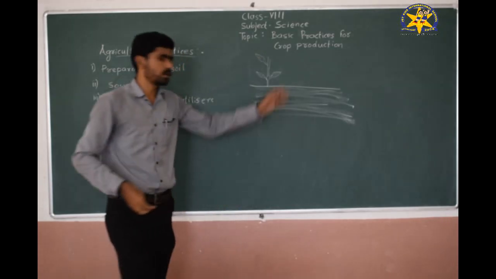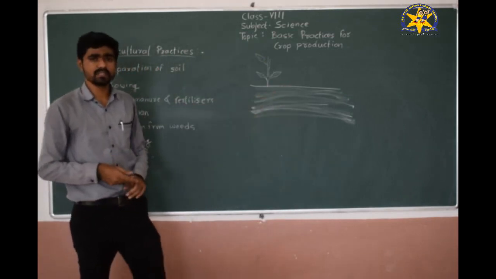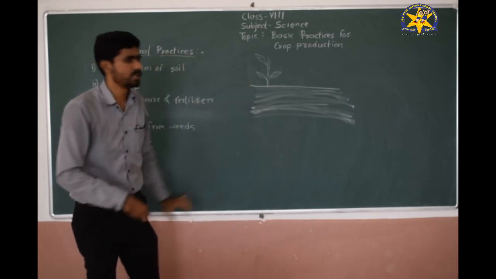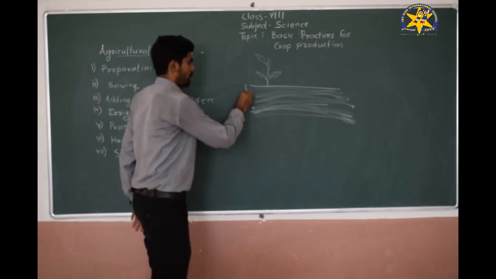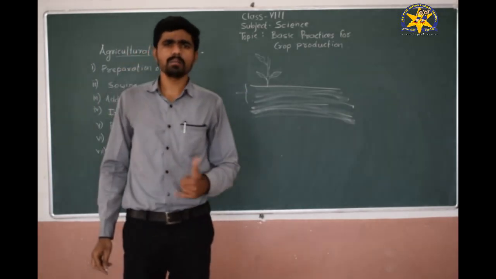And so on. Now the question arises, which part of the soil supports plant growth? Only a few centimeters. We can say approximately this much portion will support the plant growth.